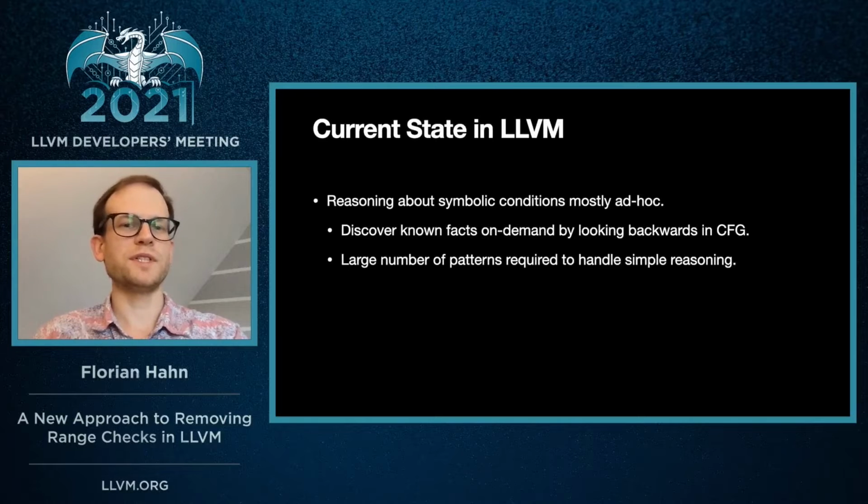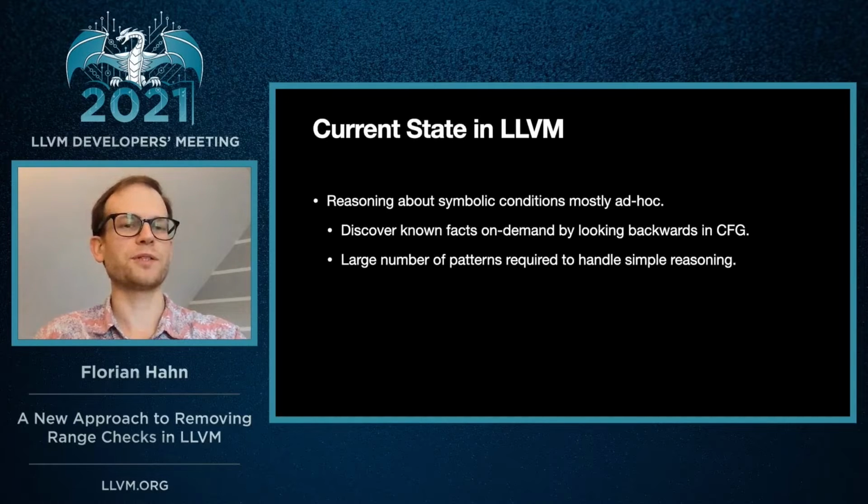When it comes to the reasoning itself, there is a reliance on pattern-based simplification, which means a lot of code would be required to combine information from multiple conditions, and that does not really generalize very well.